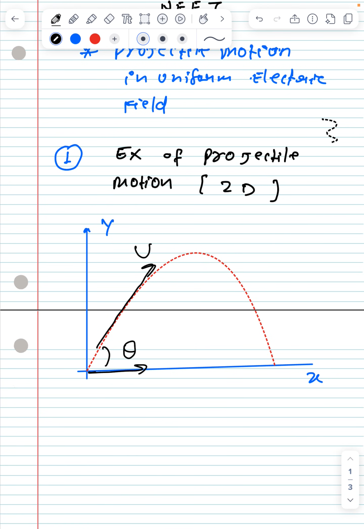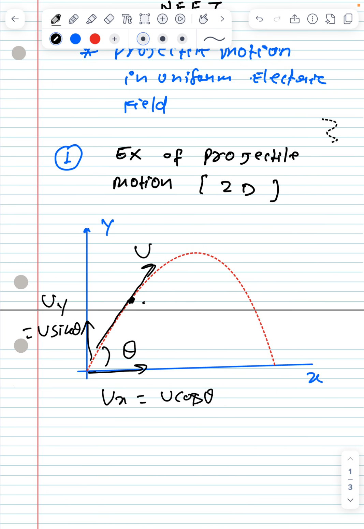In this situation, the velocity of the particle along this direction is u, and this is the angle of projection.